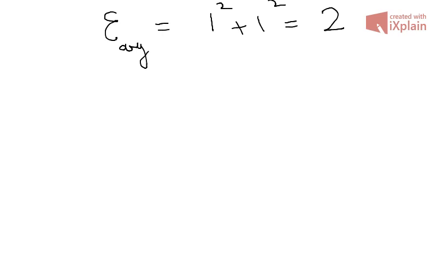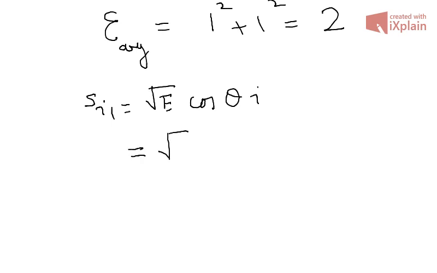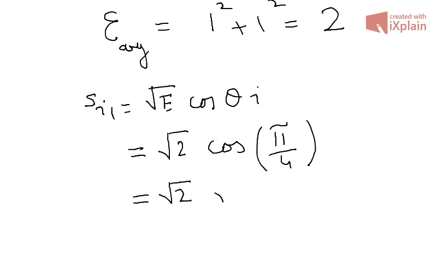Your base, your SI1 is square root of E cos of theta I. Theta I is pi by 4. So when theta is pi by 4, we actually have 1 over under root 2, and you will get 1. So your SI1 is 1.